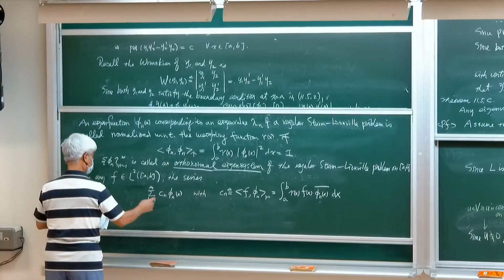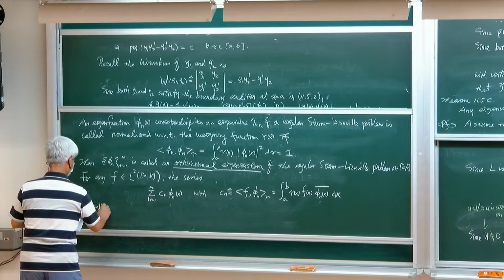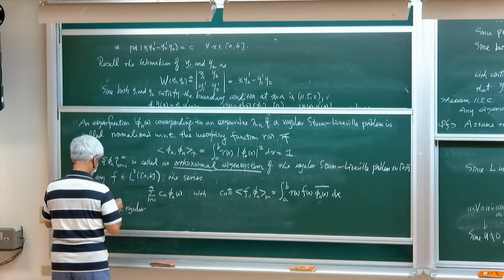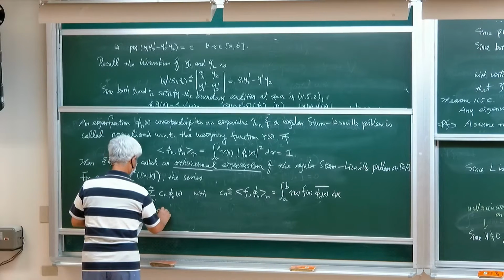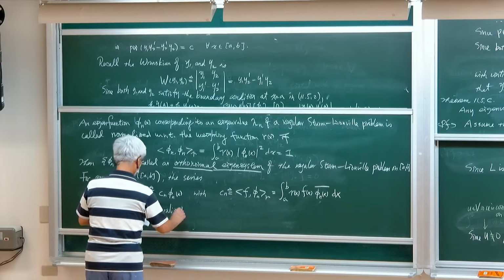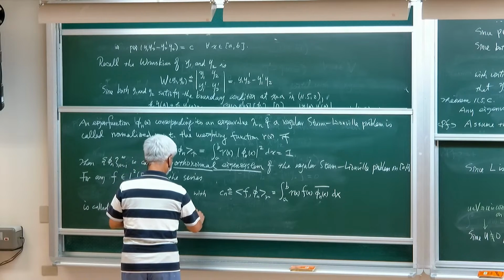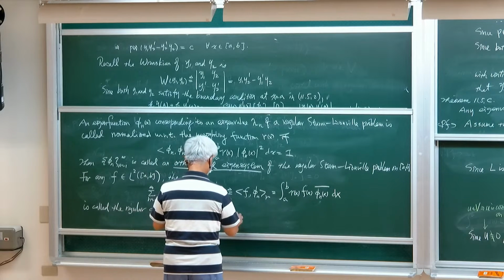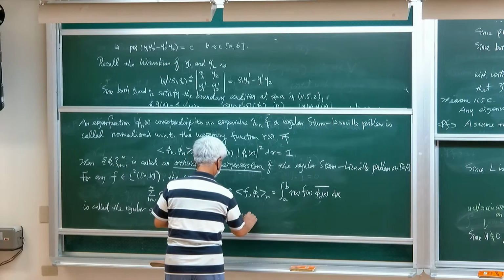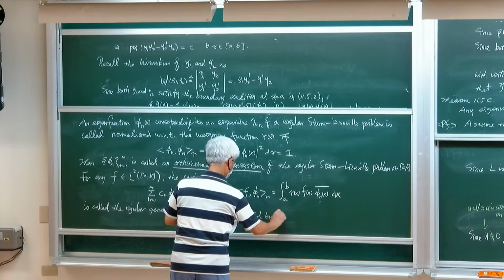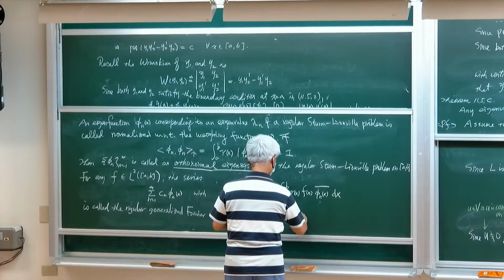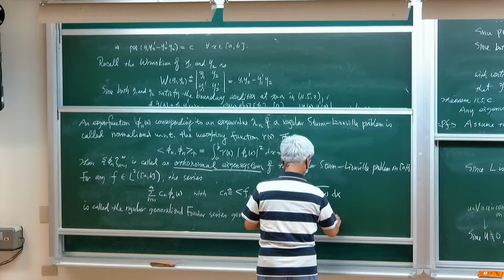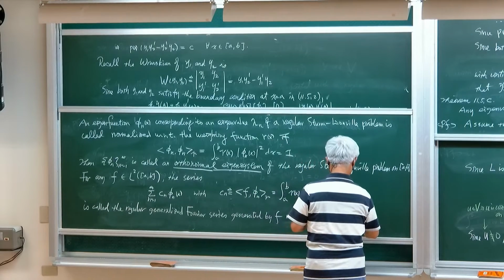This series is called the regular generalized Fourier series generated by f with respect to the eigensystem phi n.